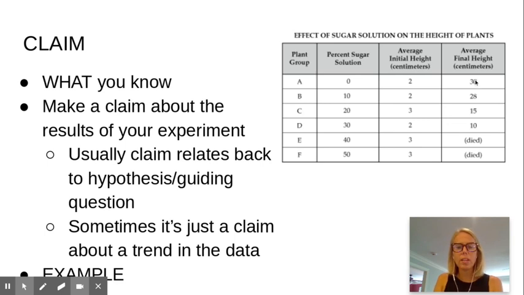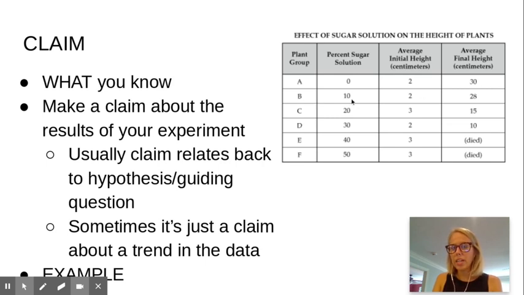So there were probably five or six plants in group A, and five or six plants in group B, and they're averaging the data. Let's scan it quickly. Group A had straight water, and it grew the most, 30 centimeters.